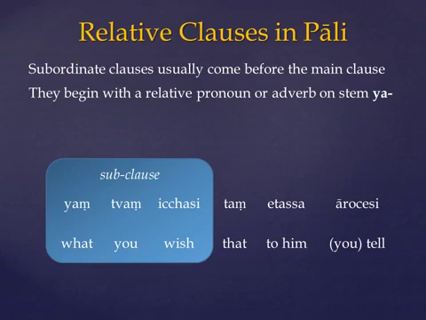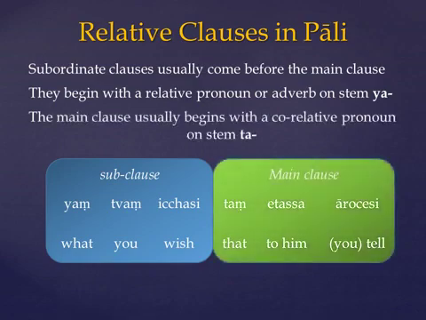Interrogative pronouns are formed on ka, whereas relative pronouns are formed on ya. And the main clause usually also begins with a correlative pronoun, which will be formed on the stem ta. And so we can use the presence of these pronouns to identify where one clause ends and the next clause starts.